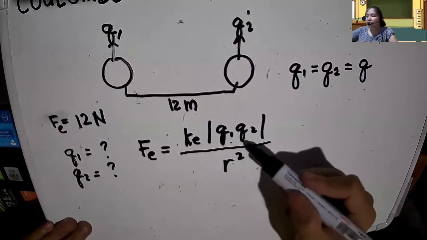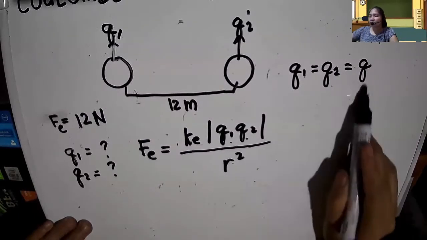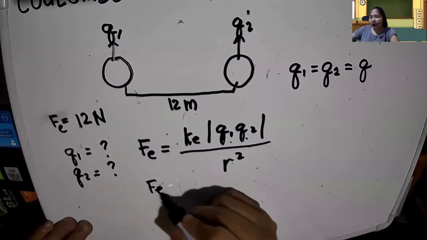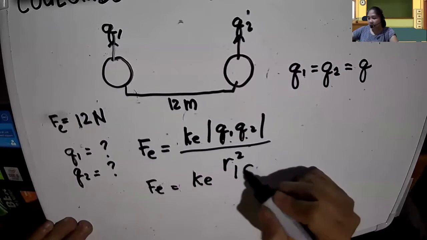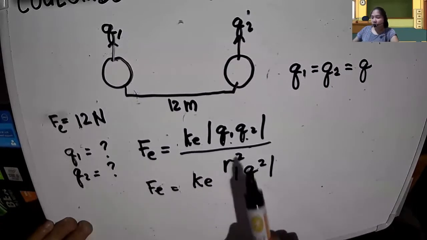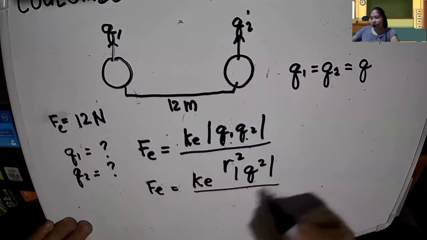Since Q1 is equal to Q2, we can just multiply them. We will use Q here instead. So Fe is equal to Ke Q squared, because when we multiply Q and Q, that's Q squared, over r squared.